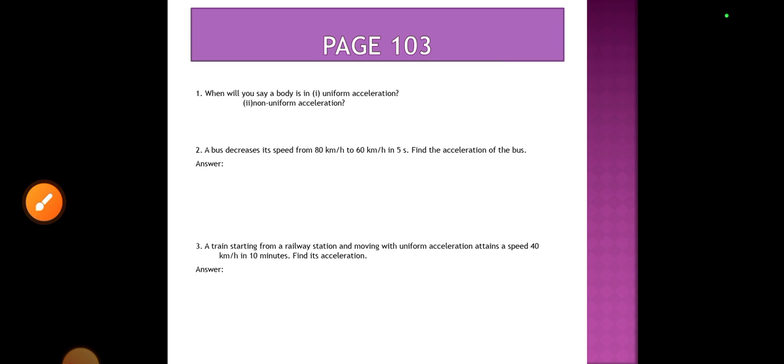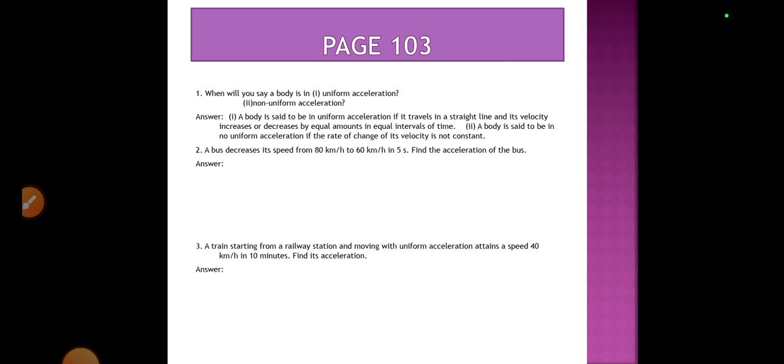So next question, page 103. When will you say a body is in uniform acceleration? Question 2. A non-uniform acceleration. As we know, a body is said to be in uniform acceleration if it travels in a straight line.